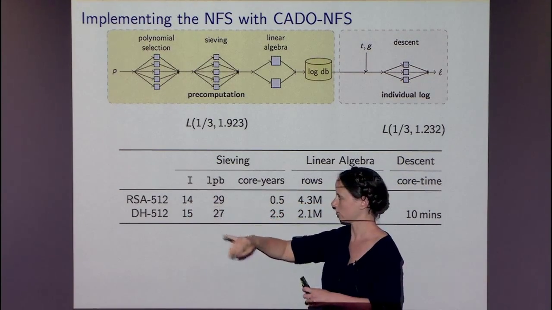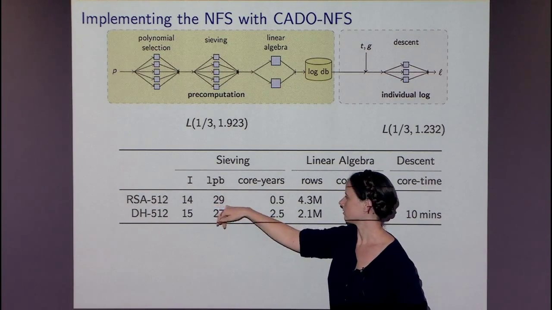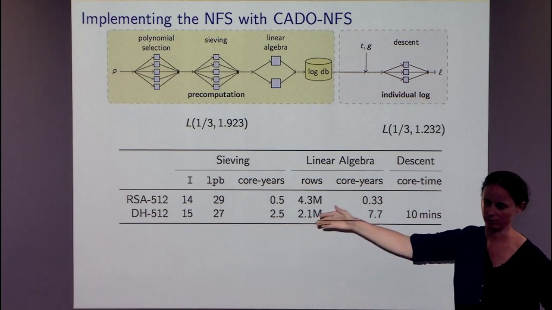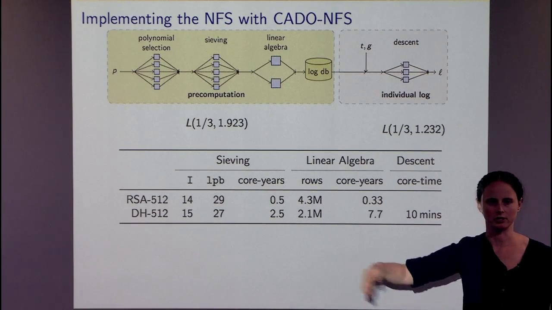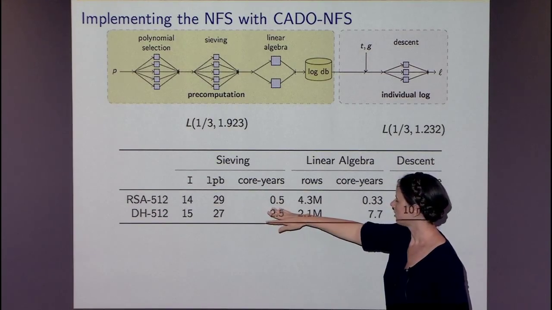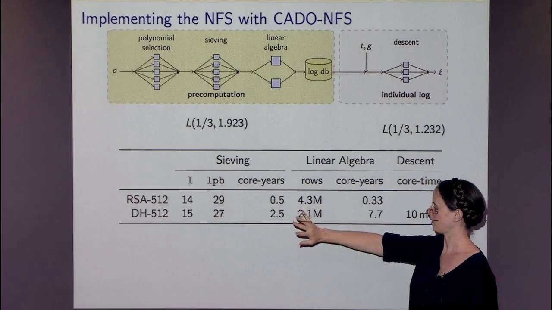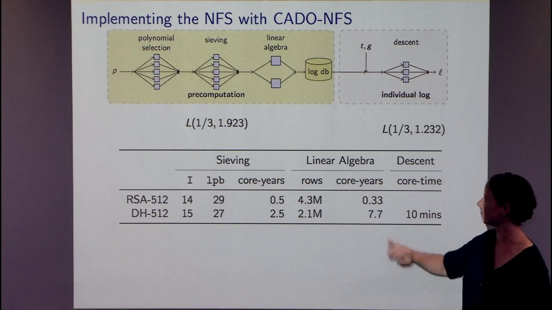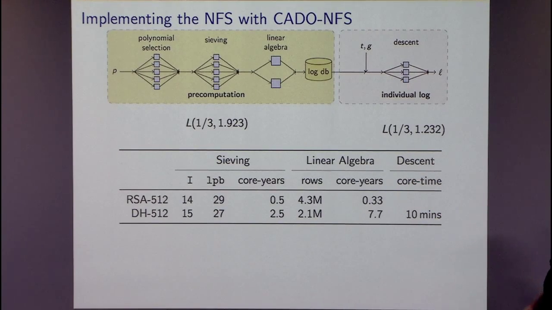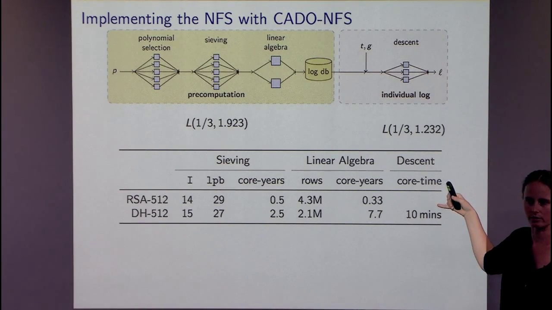This is the sieving range, so you would sieve all values a and b up to 2 to the I. And then this is the large prime bound, so the size of the prime that you're willing to accept beyond the sieving range to save a relation. The amount of core years of sieving that you would do for a 512-bit factorization is about half a core year. Linear algebra is also less than a year, and then there's no descent. So RSA-512, if you parallelize this, can be done in a few hours.